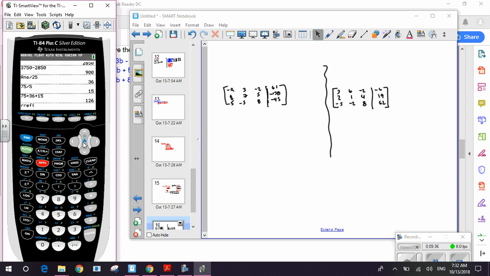All right. Now hit alpha zoom. And both of these matrices have 3 rows. So change it from 2 to 3 by hitting enter. Oops. There we go. And 4 columns. Now go to OK.